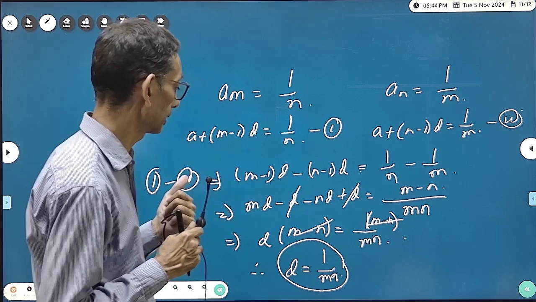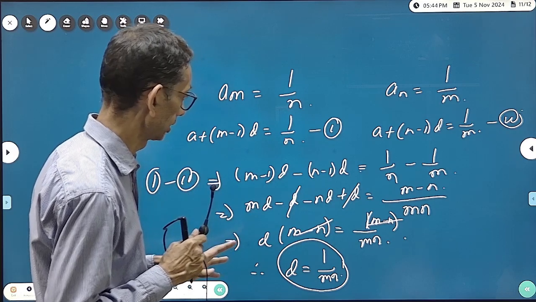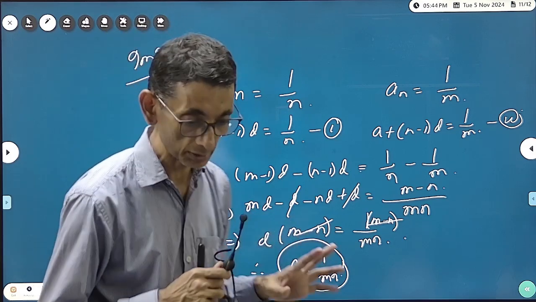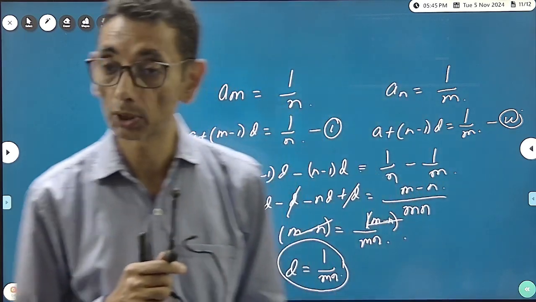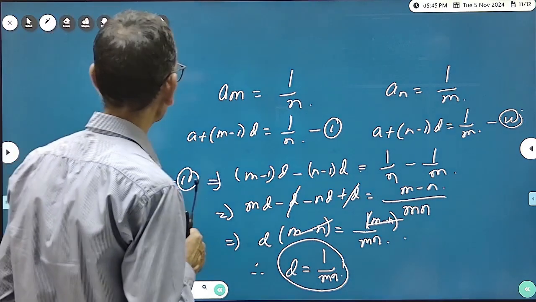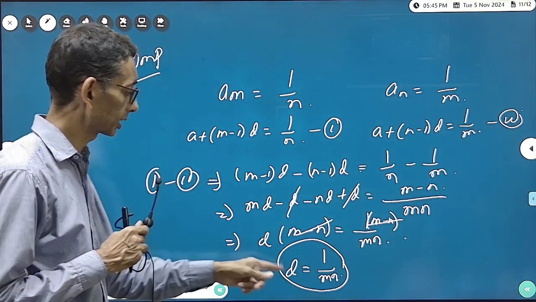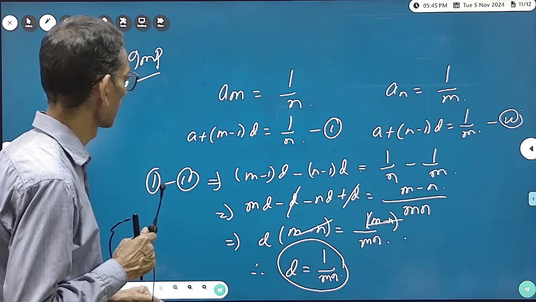We are to show that the first term and common difference both are same. What is the first term? A. We have to show that A is equal to D, right? So I'll just find out the first term now.